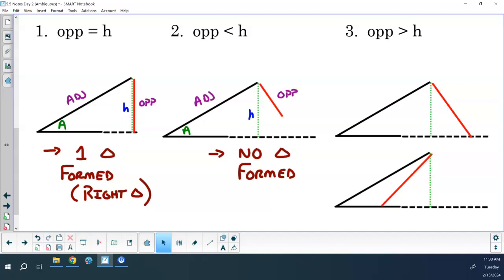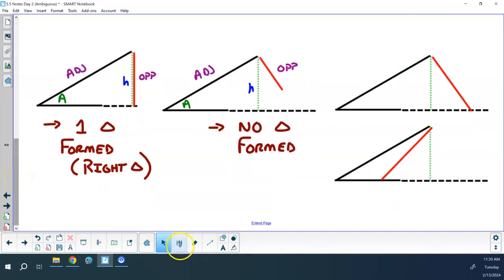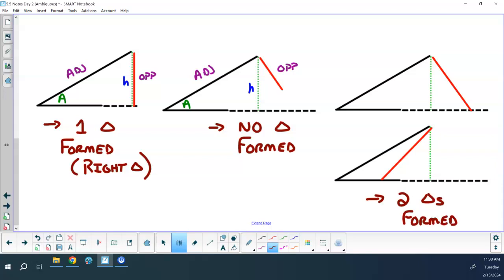So I get two triangles formed. Okay. So that's a lot of information there in a little bit of time.